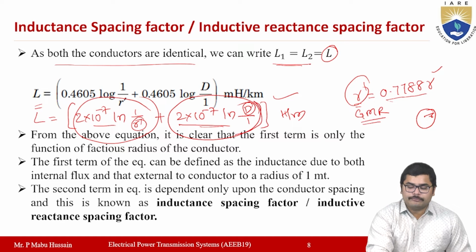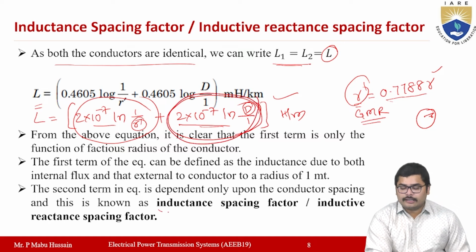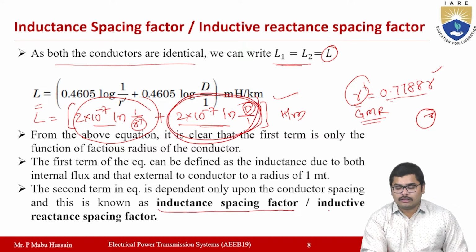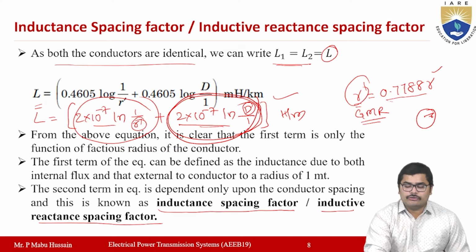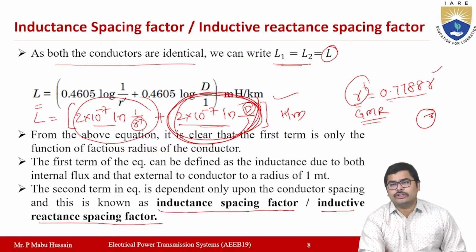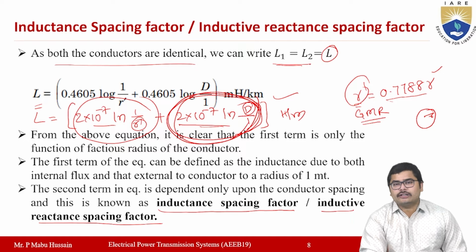Now this second term is called the inductance spacing factor or inductive reactance spacing factor. From this equation you can determine the factor which decides the spacing between the two conductors, right?